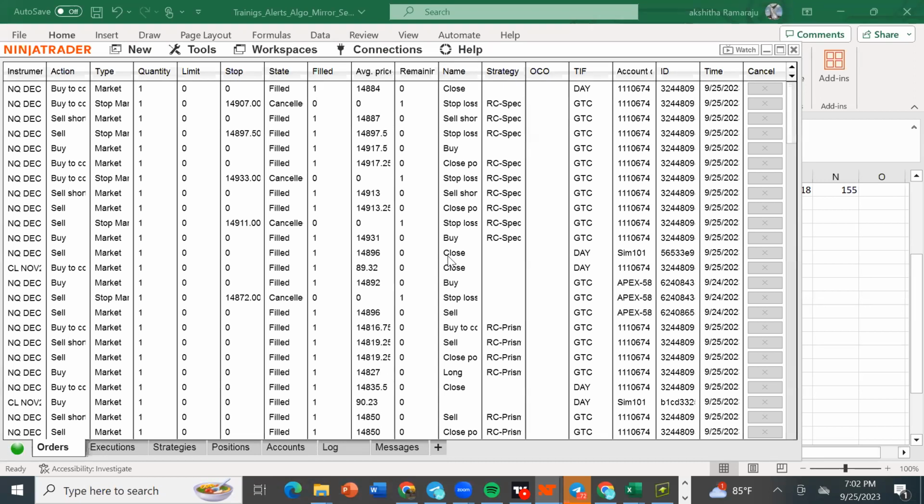Especially because it has to move, right? If it is Ninja and I'm taking trades directly on my machine, it is immediately executed. But when it is mirror trading, it has to go from my Ninja to C2, and C2 to your machine. So sometimes with market orders, especially with NQ type of tickers, there can be a big move.